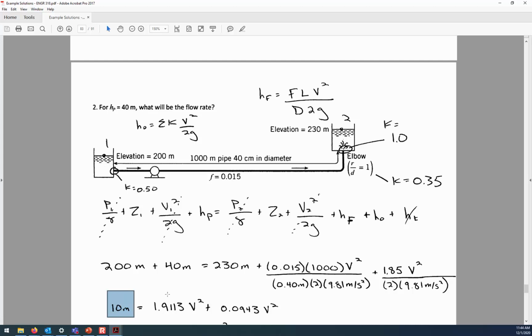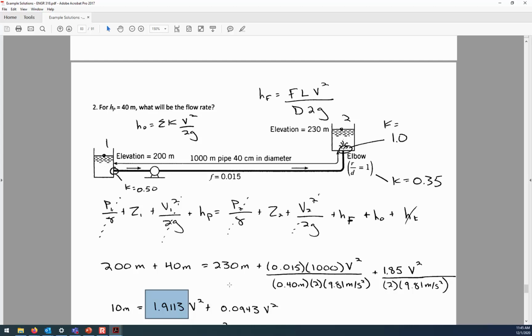And you can see that of these two factors, the friction losses and the local losses, by far the more significant of the two is the friction losses. Look at the magnitude of the coefficient in front of the v squared term: 1.9 is the combined effect of the friction losses compared to 0.09 for the local.